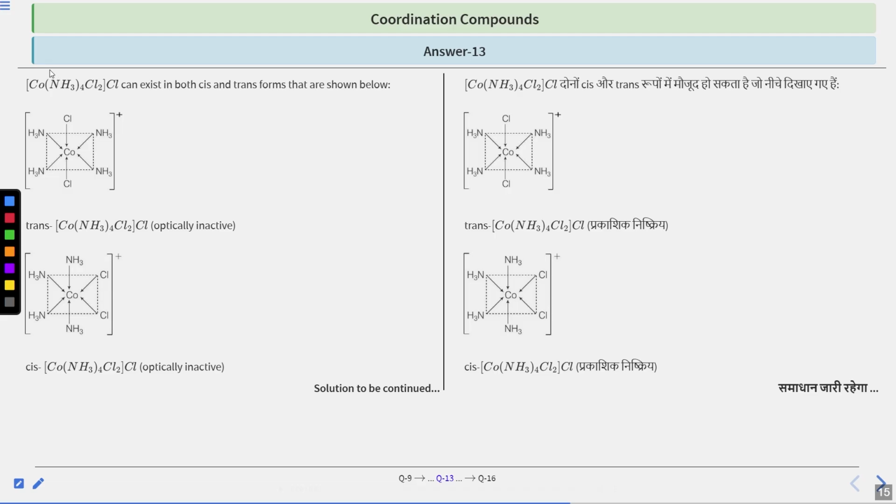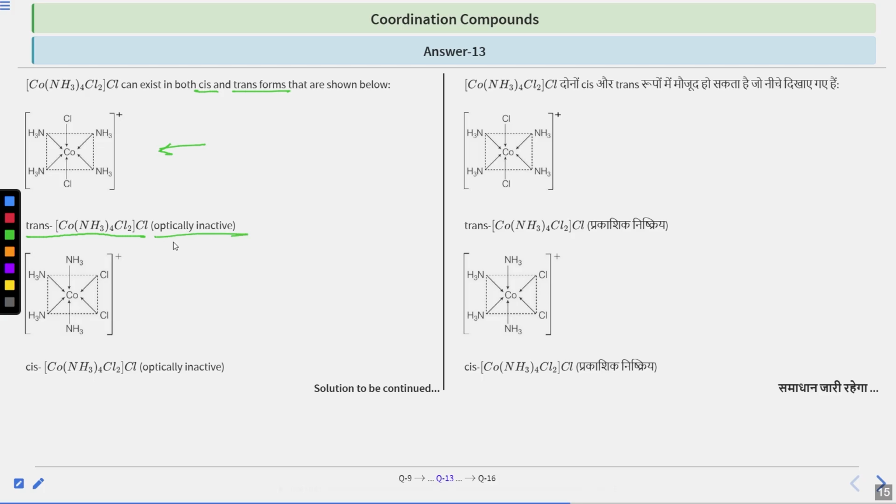Now, if you see the case of [Co(NH3)4Cl2]Cl, it can exist in both cis and trans forms. Like this will be the trans form, Co, Cl2, (NH3)4. We arrange chlorine opposite to chlorine, ammonia opposite to ammonia. This is trans [Co(NH3)4Cl2]Cl.